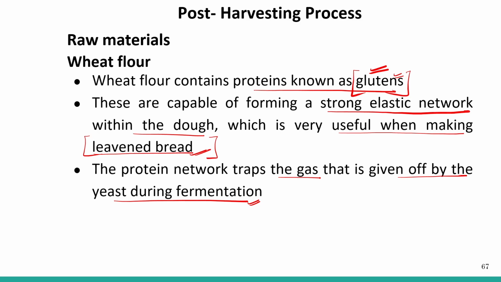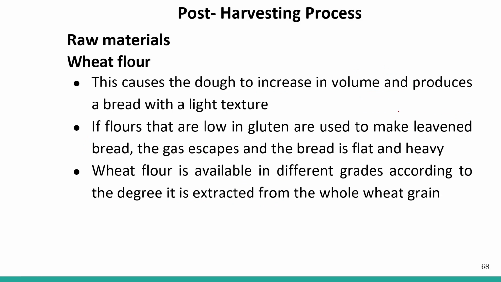This carbon dioxide gets trapped in the dough. How does it get trapped? Because of the presence of these gluten proteins. This causes the dough to increase its volume and produces a bread with a light texture. This light texture is due to the presence of gluten protein.